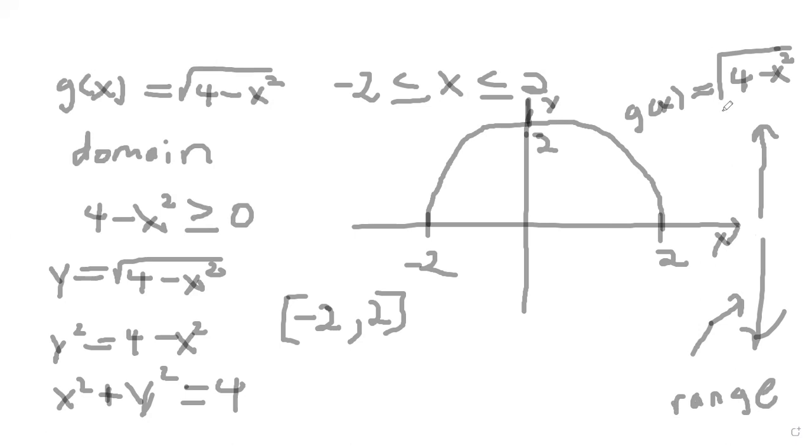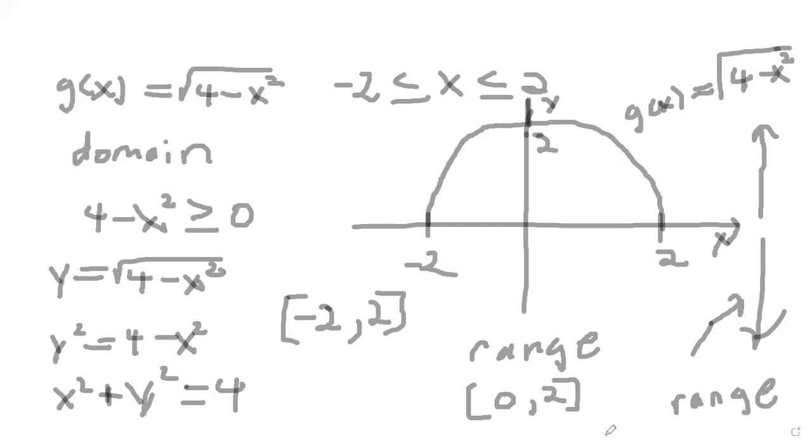So the highest this graph goes is 2, and vertically, up and down, it goes from 0 to 2. So your range in interval notation will be from 0 to 2. That is your range.